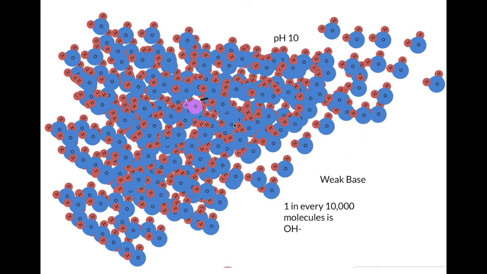Same deal over here with a weaker base. This is like basically saying 1 in every 10,000 molecules you have is an OH minus ion, a hydroxide ion. Okay, so you can see maybe the visual difference in the two, and hopefully that'll help you understand why the pH scale functions the way it does.